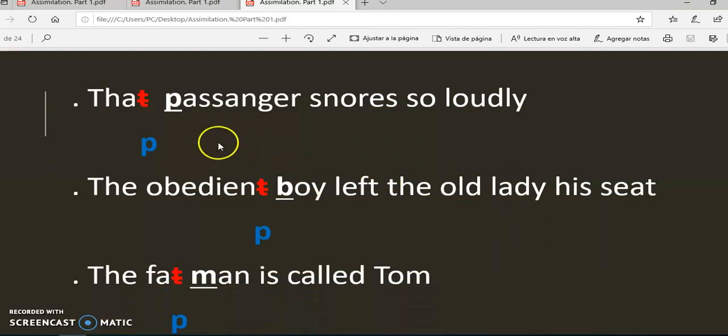Because of the influence of the following sound, you can probably notice that this is the sound you are producing. That passenger, obedient boy, fat man.